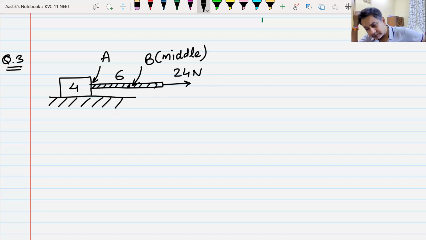Shall I do it? 28. How can it be more than 24? It cannot be more than 24. 24 is the tension on the other side. Cannot be more than 24.